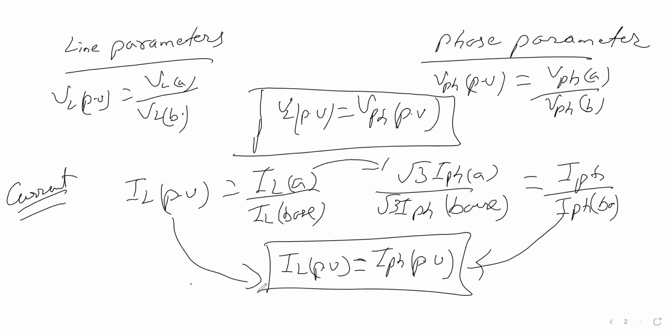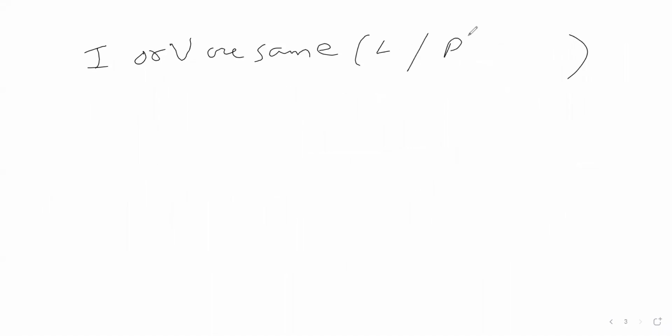So ultimately, be it current or voltages, they are the same considering either line parameters or phase parameters, when considered in per unit system.